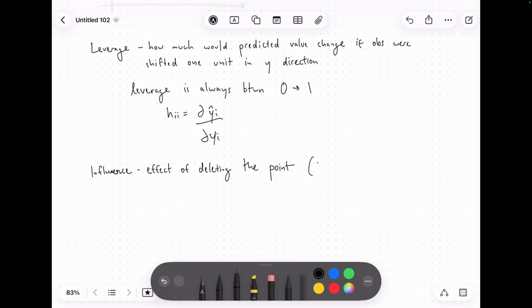This is also known as Cook's distance. So in Cook's distance, the way that we do the perturbation is we get rid of the point, and in leverage, the way we do the perturbation is by going up and down in the y direction. And they will both give slightly different results depending on where our outlier is in the overall cluster of data points.